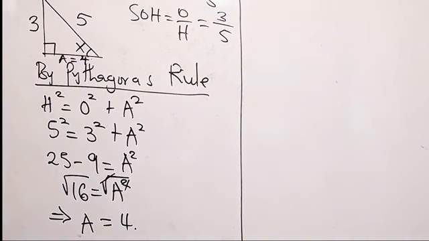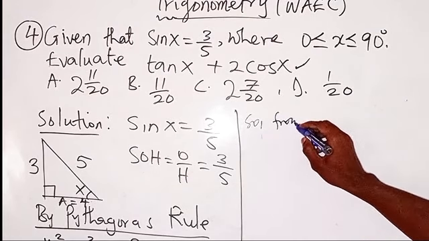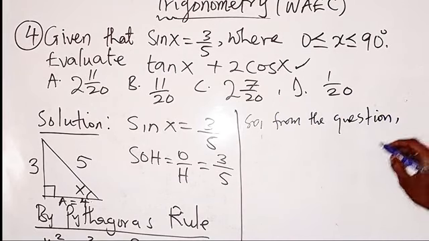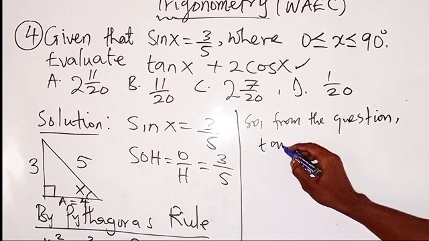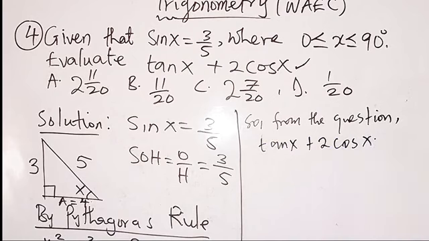So since we have that, what's the next thing we're going to do? We need to find sine x, cos x, and tan x. From the question, we are asked to evaluate tan x plus 2 cos x.